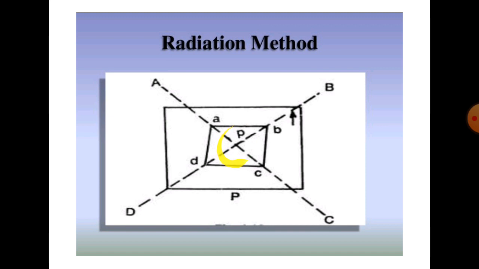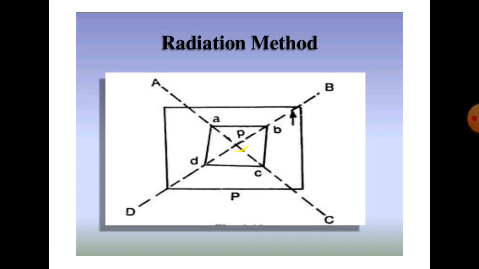Like from P to A the distance is 20 meters. So if we take a scale of 1 is to 1, meaning 1 meter is equal to 1 centimeter, then 20 meters is marked on the paper as 20 centimeters. So from P to A, we imagine the line is already drawn. See this dotted line, clear?